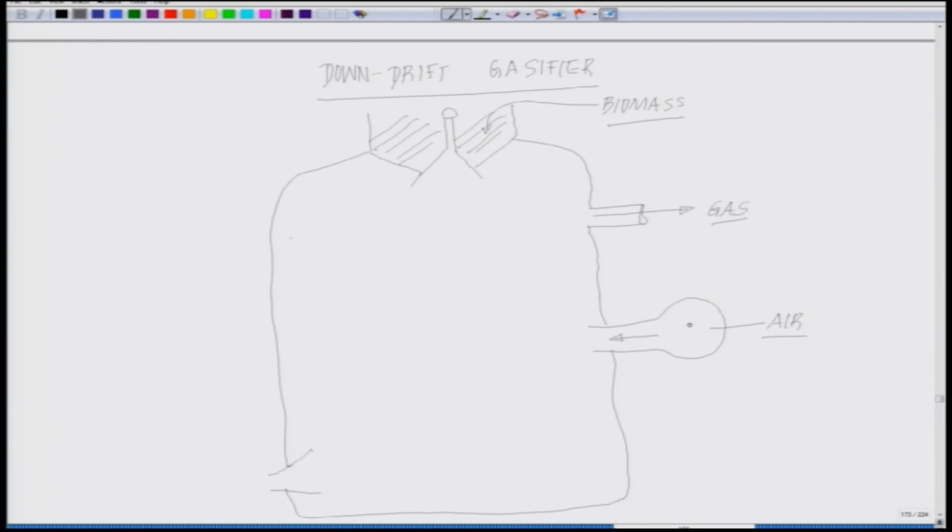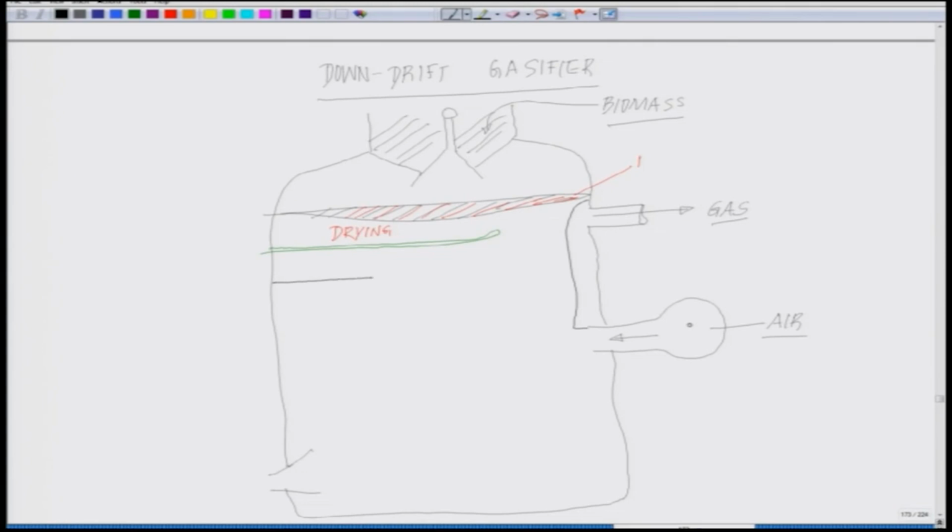Just above this port, the region you see out here, which I am now shading, let me use a different color for better understanding. This is where you have the drying zone. And underneath it, which I will put in green, there is one small partitioning.